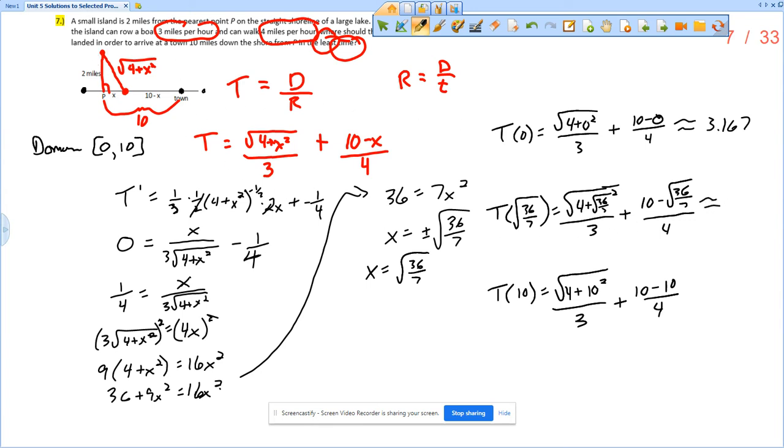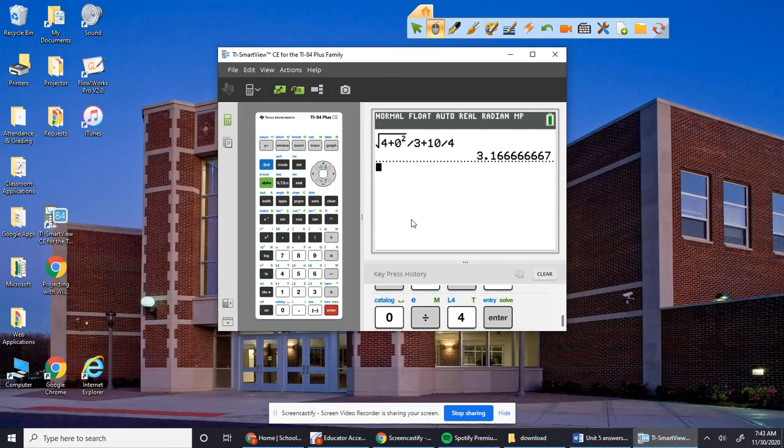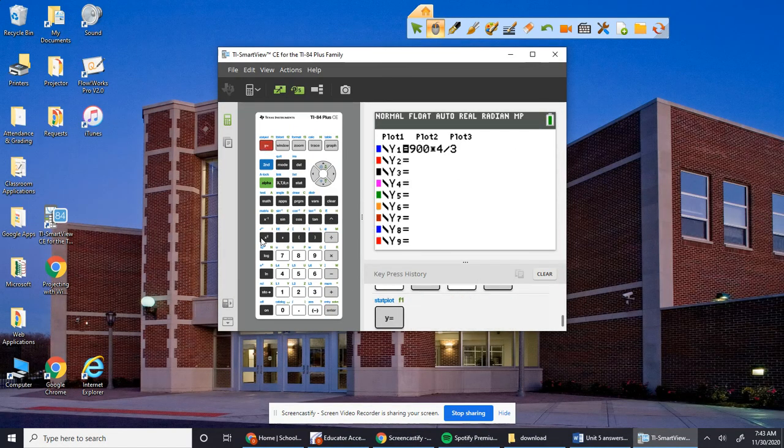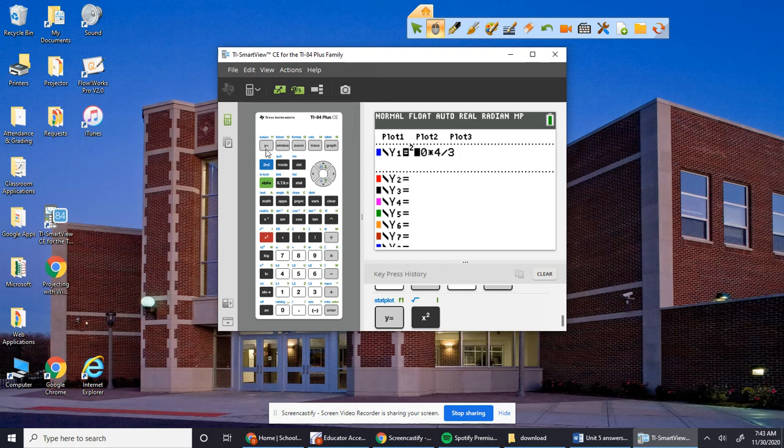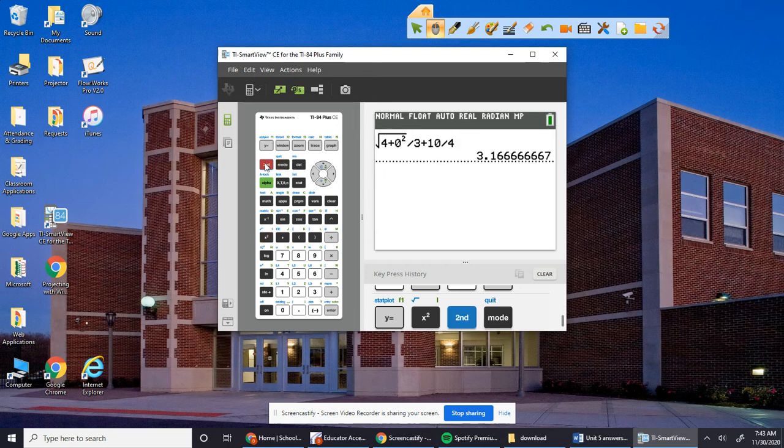Now the next one is a little bit more annoying. The square root of 4 plus the square root of 36 sevenths, but then you're squaring it, so you could probably just have left that off.